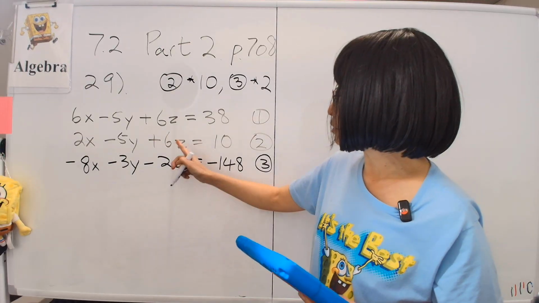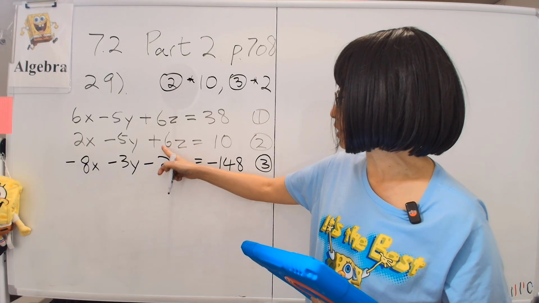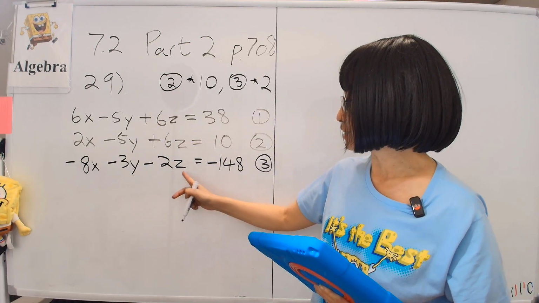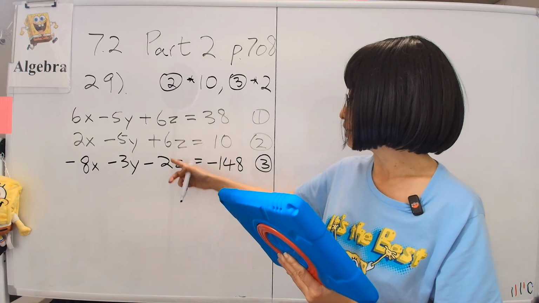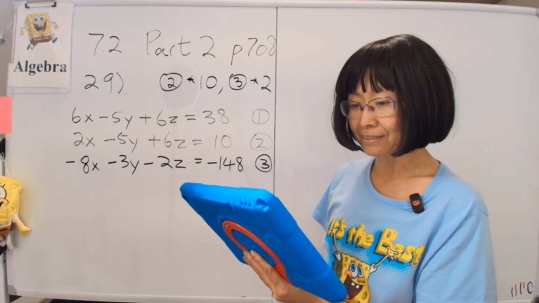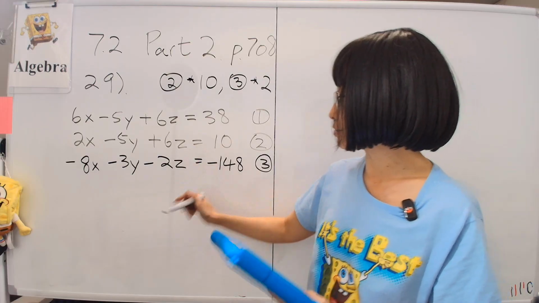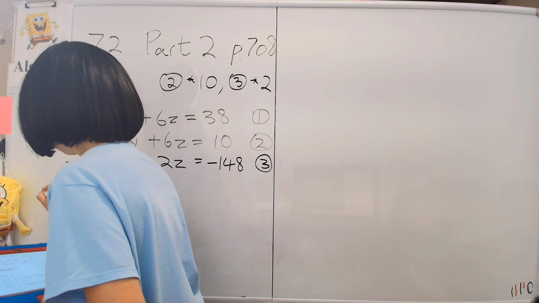So the goal here is let's eliminate z, okay? Because we have a minus 2, plus 6, plus 6. So this should be pretty convenient to eliminate those. To do that, first we'll take equation 3 and multiply it by 3.